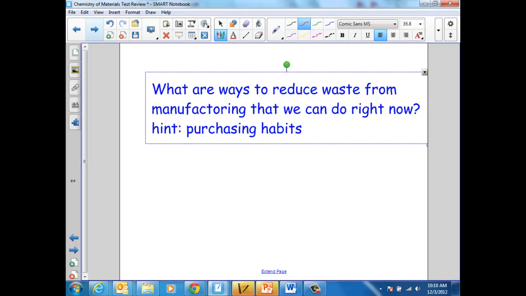Well, we can reuse things that can be reused. Okay, reuse things that can be reused. What else? Only buy necessary things. Yes, only buy necessary things.